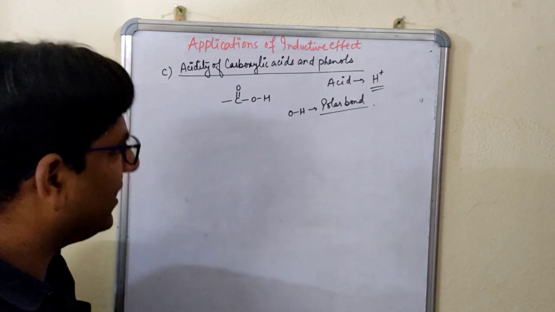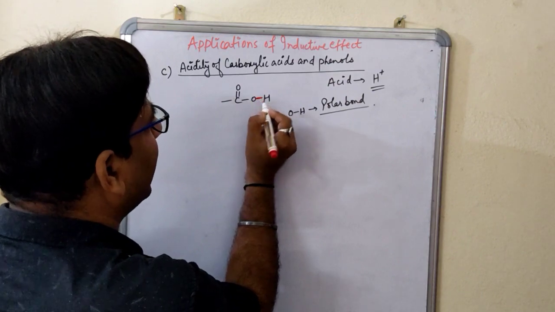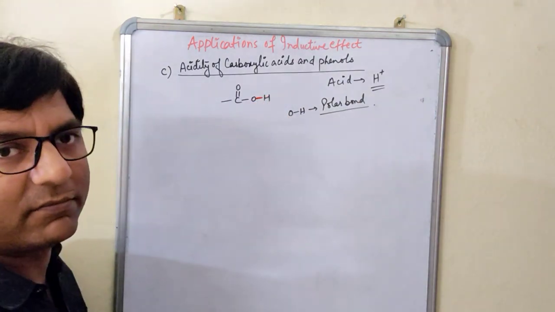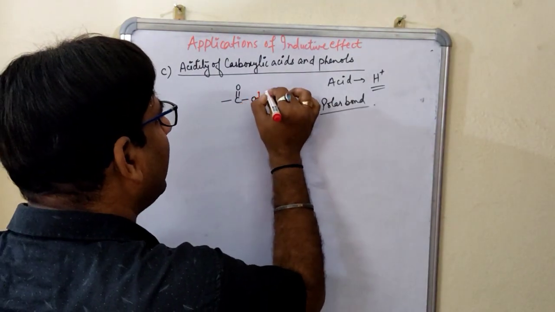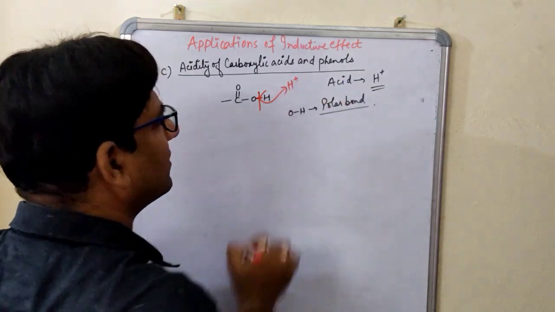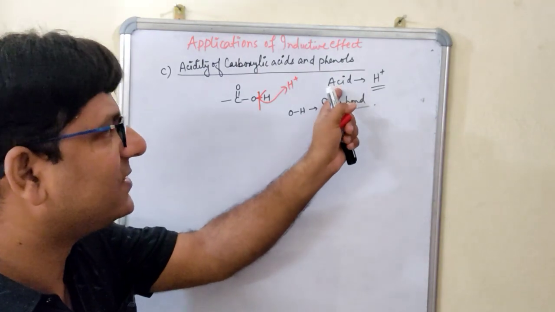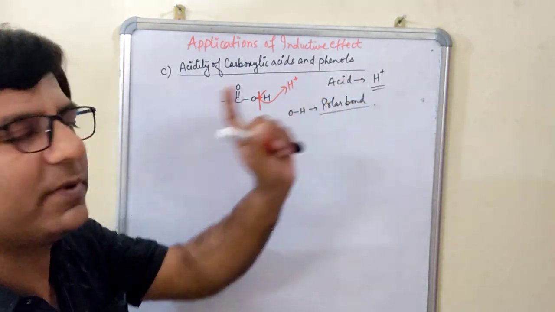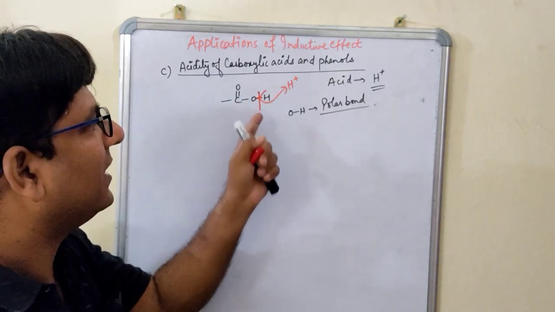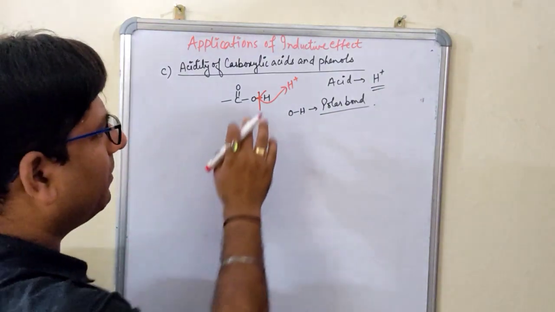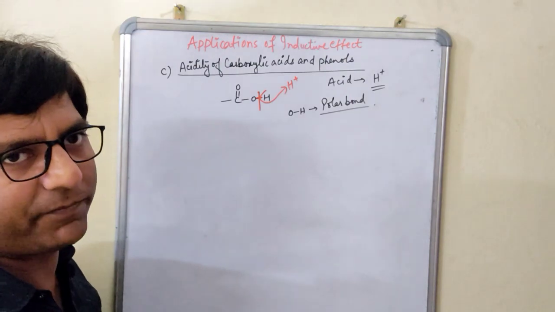The bond between this oxygen and hydrogen will become weak. Okay, and if this becomes weak, what will happen? This bond will break and hydrogen will move out in the form of H plus. That's what I am telling you, the good acid is those acids which easily release the H plus in the solution. Now, if you manage to decrease the polarity of this OH bond, the bond will become weak and it will break and H can move out in the form of H plus.